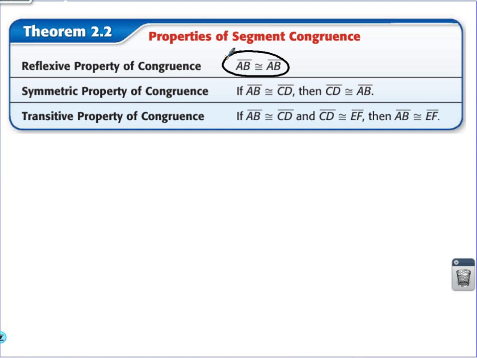The symmetric property says if one triangle is congruent to a second triangle, then that second triangle is congruent to that first triangle. You can flip it around. Same thing as the symmetric property of equality, except now you're dealing with shapes. And the transitive property says if the first shape is congruent to a second shape and that second shape is congruent to a third shape, then the first and the third shapes are also congruent.